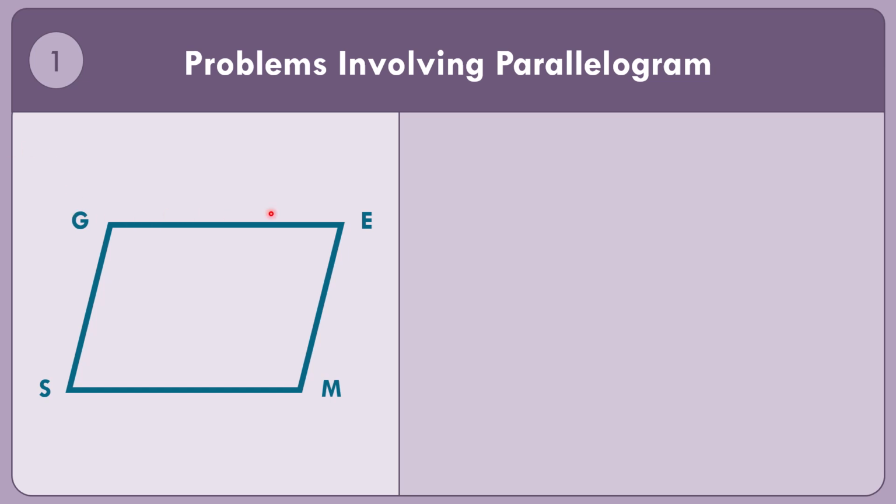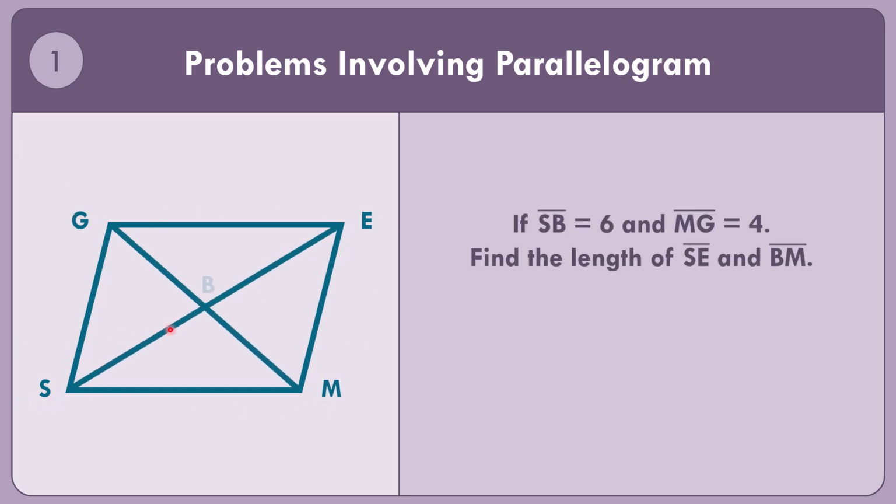In the parallelogram GEMS, if segment SB is equal to 6, so this is segment SB, and segment MG is equal to 4, so this is segment MG, find the length of segment SE and segment BM. If segment SB is equal to 6, what could be the value of segment SE?